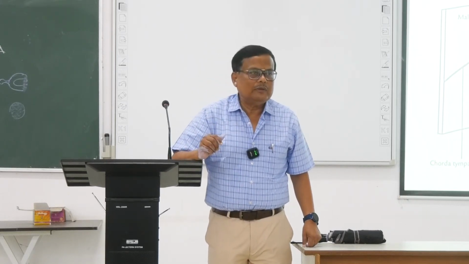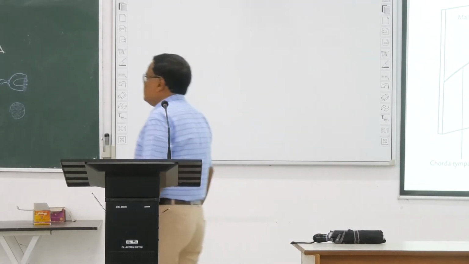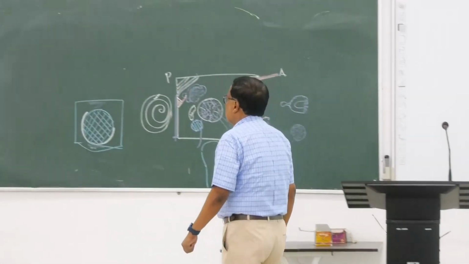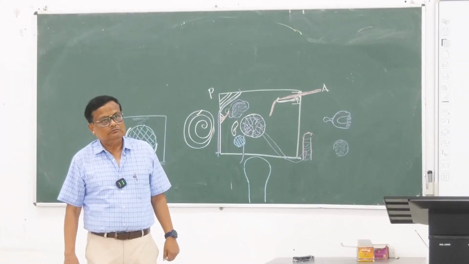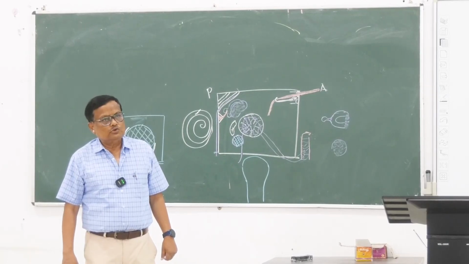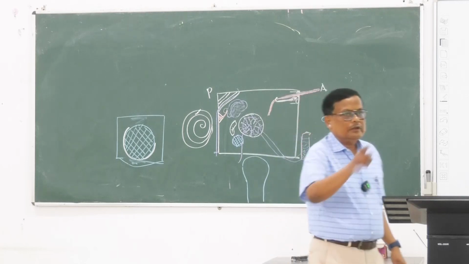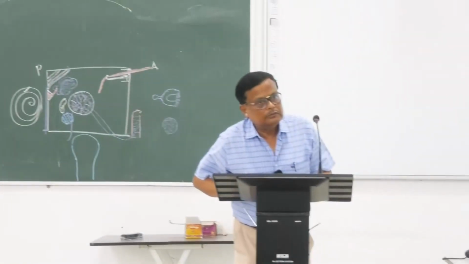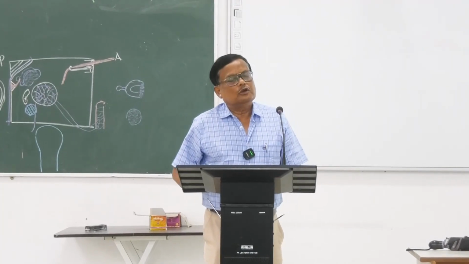So this is also a peculiar thing. It is supplied by the glossopharyngeal nerve, auriculotemporal nerve, and vagus nerve. The tympanic membrane is supplied by the auriculotemporal nerve, a division of the mandibular nerve, the vagus nerve, and the glossopharyngeal nerve.